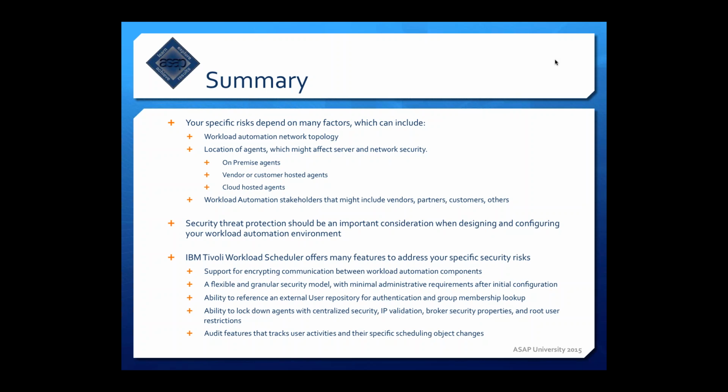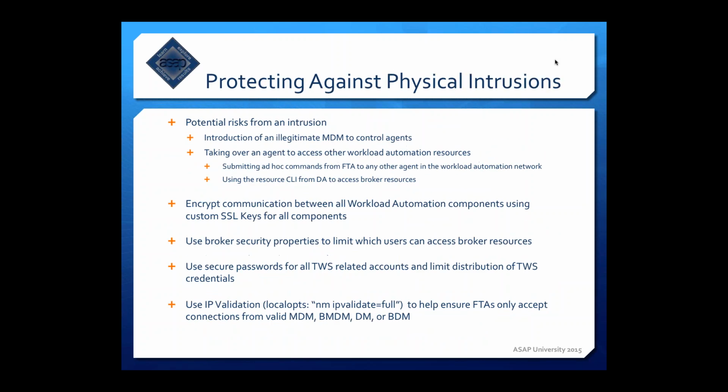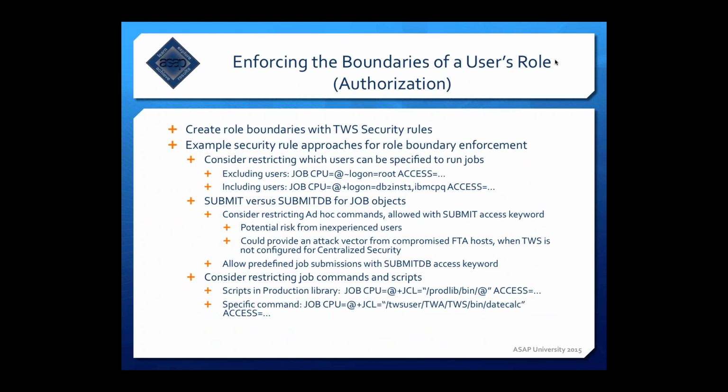Excellent. Do you have any examples of root restriction by user in the security file? Yeah, let's go back to the slide. Okay, so this line right here, where it says excluding users, job, CPU equals at. The tilde symbol is the indication that we're excluding logons that equal whatever's after the equal sign.